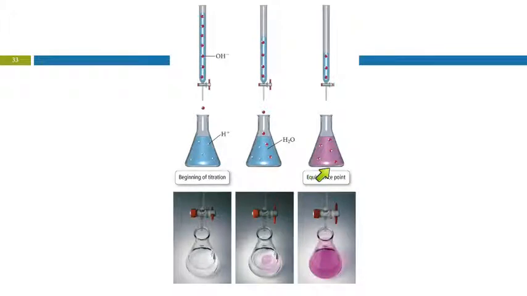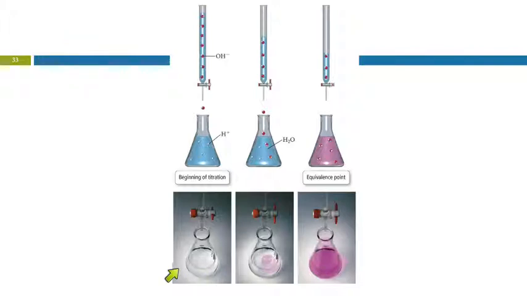And when we get to the equivalence point, we have just the right number of hydroxide ions to neutralize the hydronium ions or hydrogen ions. Now, whether that's a 1-to-1 molar ratio for the acid to the base depends on whether we have a diprotic acid or something like calcium hydroxide, so we have to consider stoichiometry.